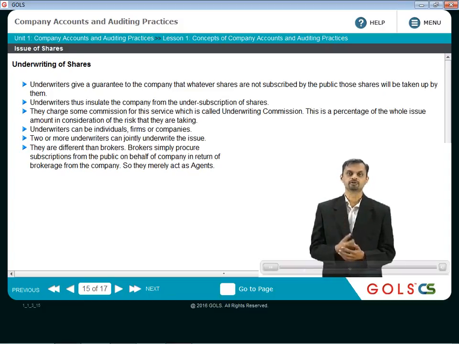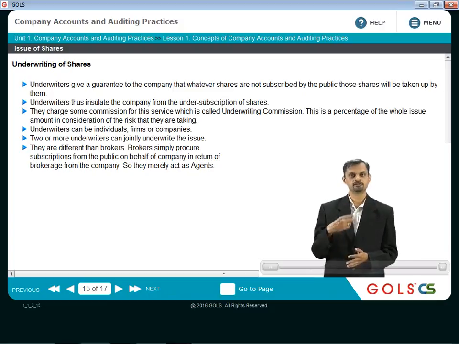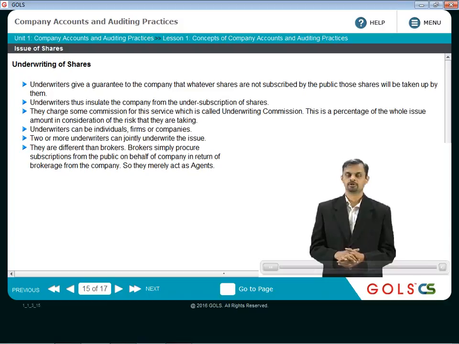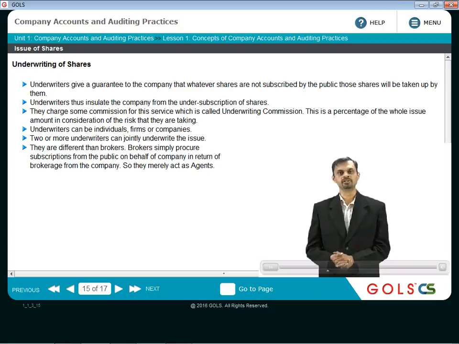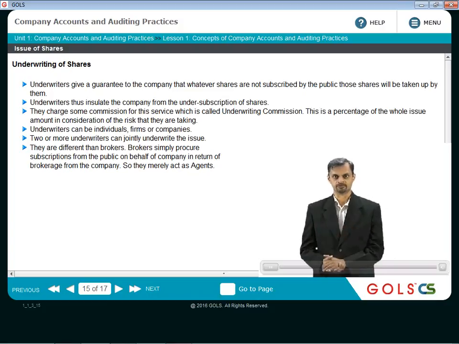Now if there is a risk that the minimum subscription is not received, then the issue cannot go ahead, and the application money will have to be refunded. Whatever is the issue size by the company, normally that is the fund requirement by the company. So if there is under subscription, that means the company is going to receive lesser money, which is a risk to the company. In order to avoid this risk, company normally goes for underwriting.